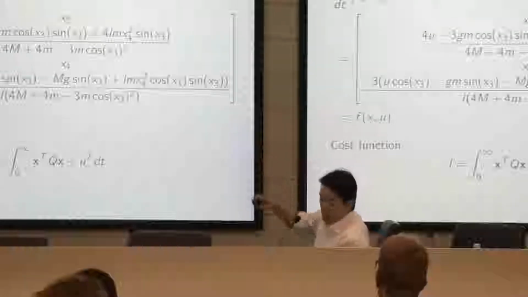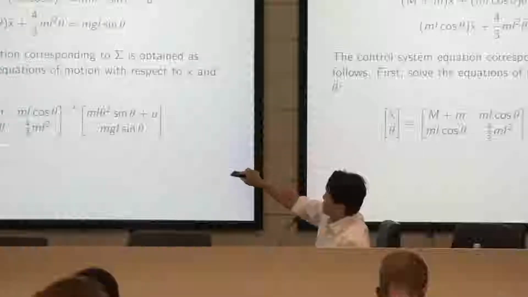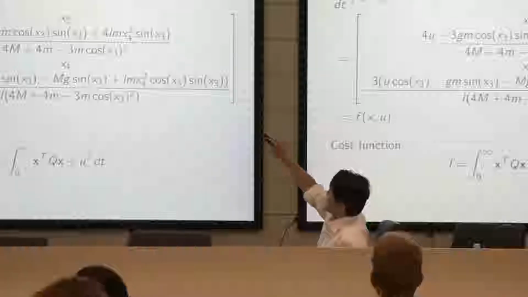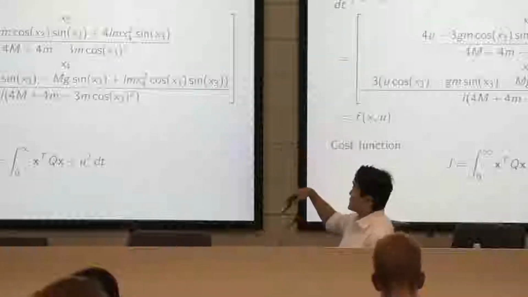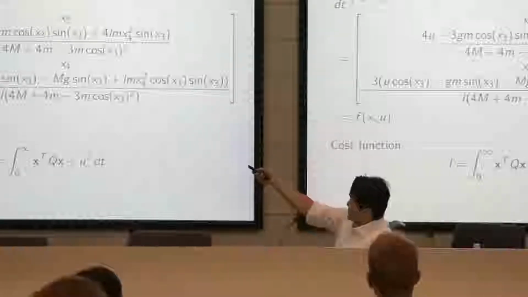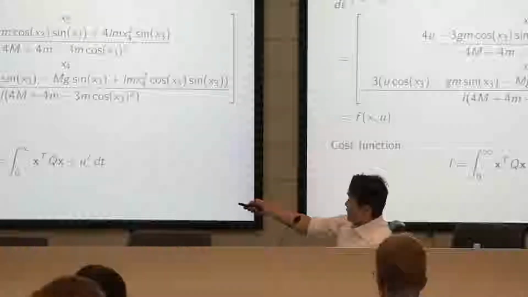And because you solve these two equations, because of this inverse matrix, you get this kind of fraction in your system. So this looks quite nonlinear.